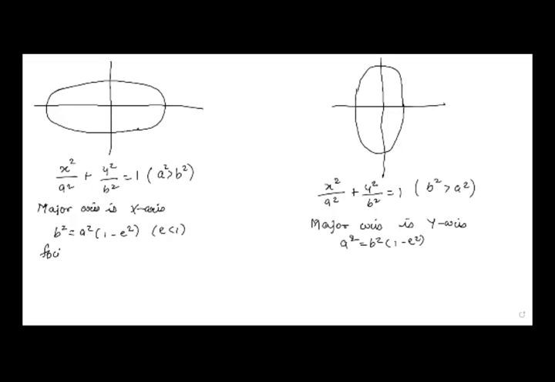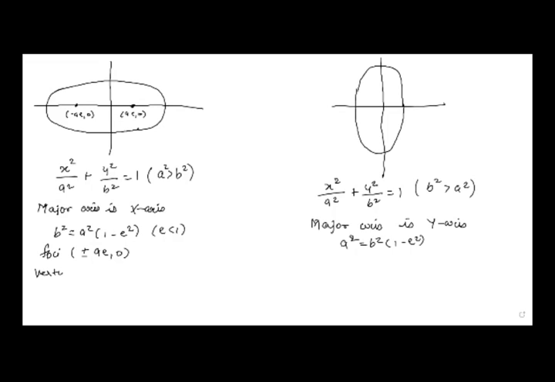Then foci, here it will be on x-axis, it will be plus minus a comma 0. This is your foci: a comma 0 and minus a comma 0.